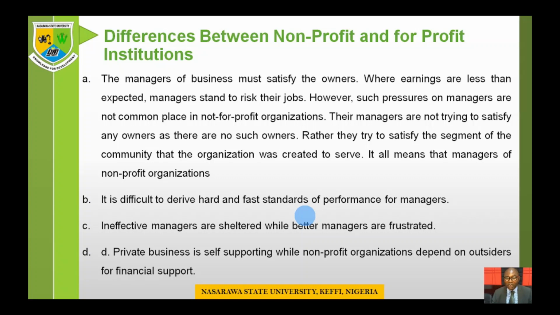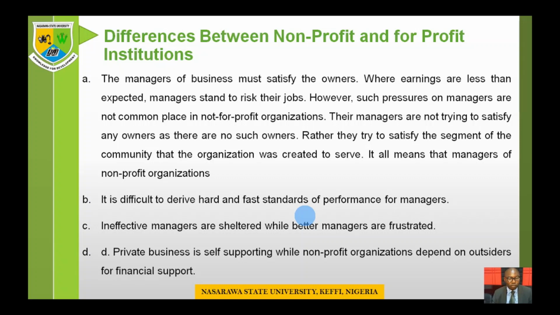while better managers are frustrated. In this kind of arrangement, eye service is possible, because people are not being measured by performance. Rather, they do all manner of things to be able to get away with the situation.